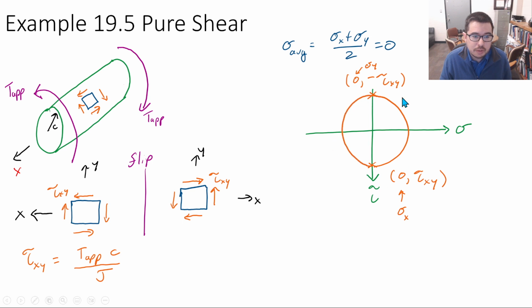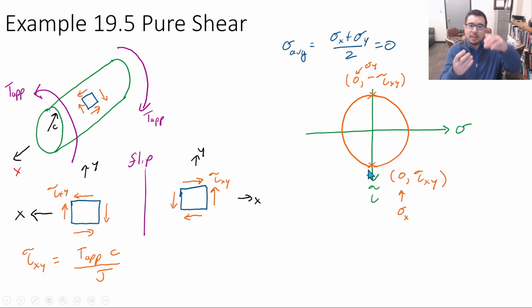We can draw the state of stress like this, where we have our maximum down here and our minimum here, or the negative of the maximum up here. And look, we're already in a state of pure shear. There's no normal stresses on this element. So we have a situation where we have maxed out the shear.